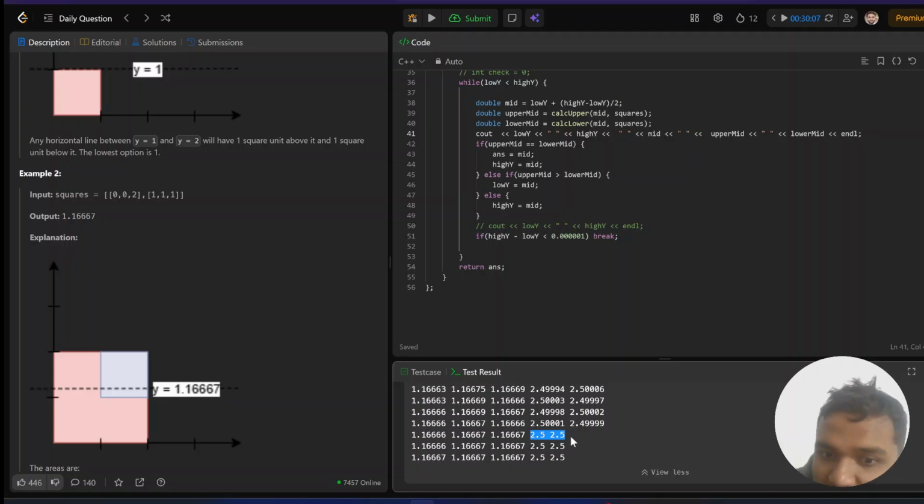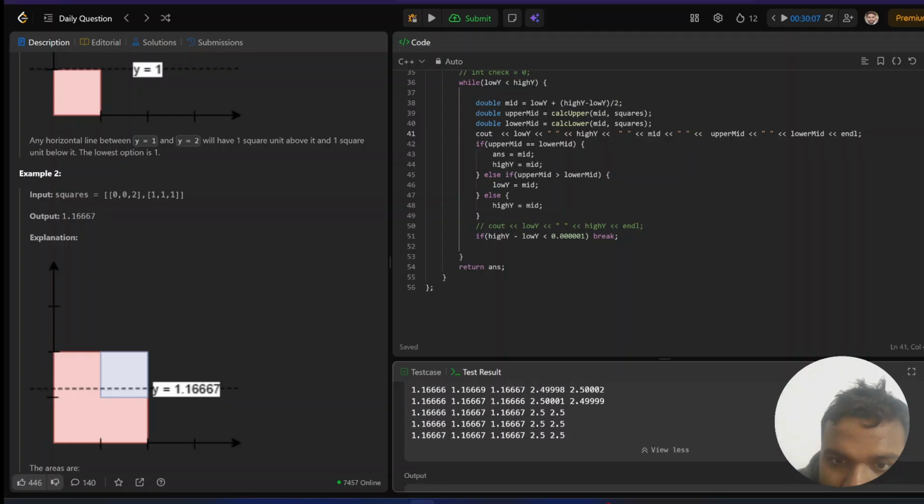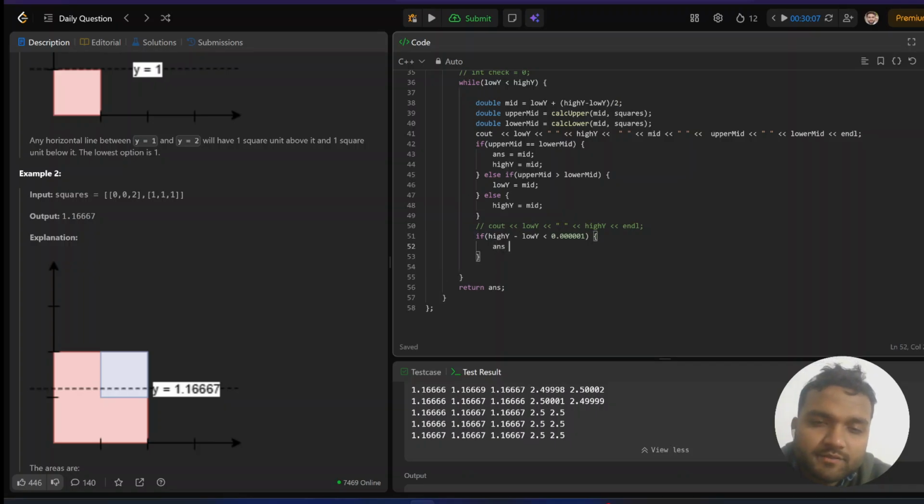Here I can see area becomes equal. Answer should be assigned to mid. Yes. Before breaking, make sure your answer is your mid, then break.